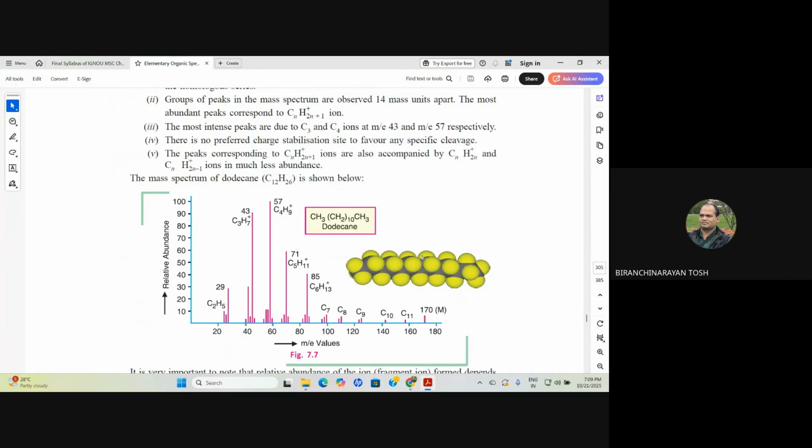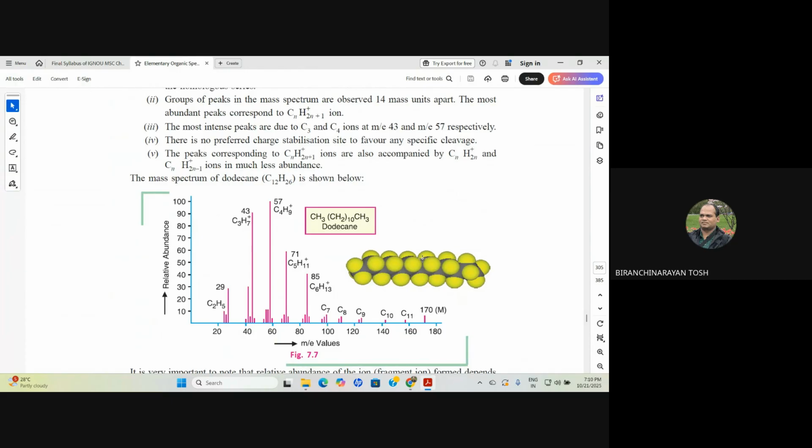The relative groups of peaks in the mass spectrum are observed 14 mass units apart. You can see here 29, then 43, 57, 71, 85. So all are 14 mass units apart.